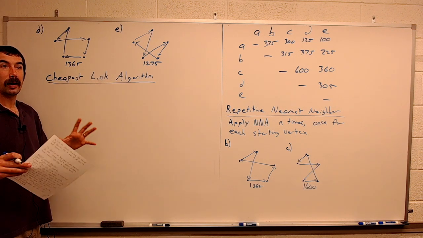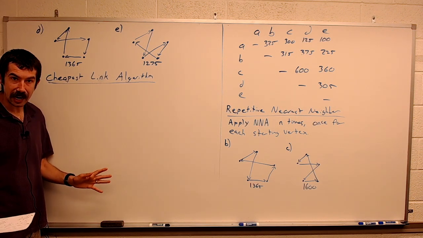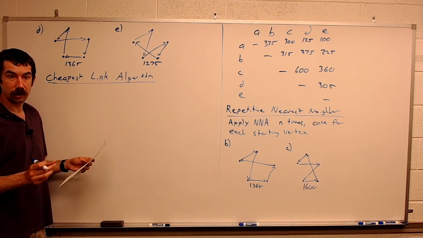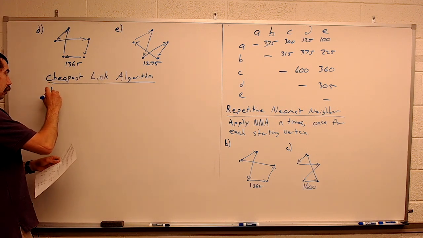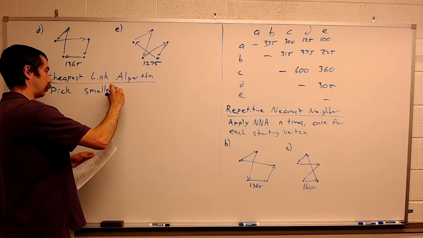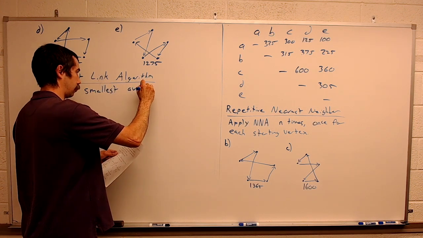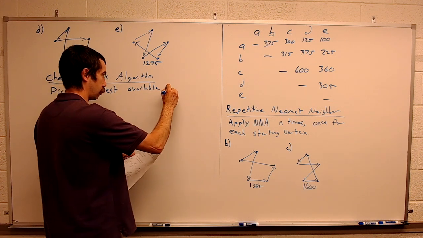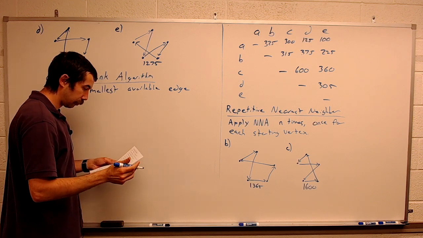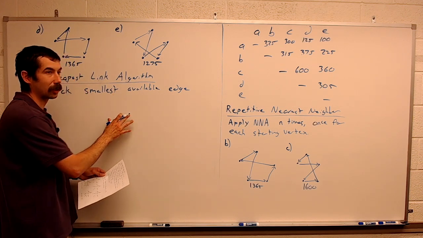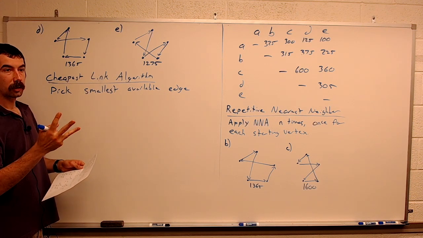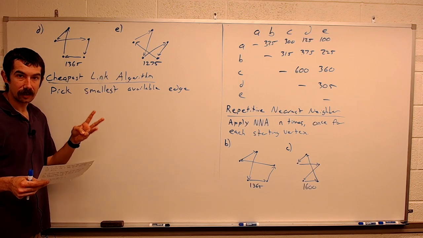It says instead of looking locally for the nearest neighbor, we're going to look globally for the smallest edge. Okay, so pick the smallest available edge. Okay, but we have to be a little bit careful. We can't have a vertex with 3 edges coming out of it.